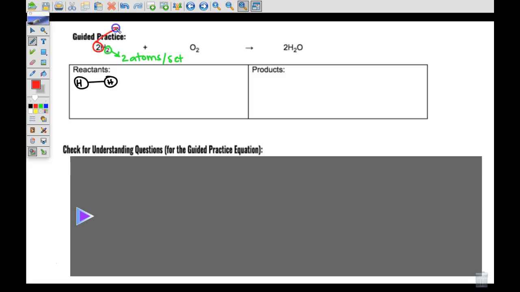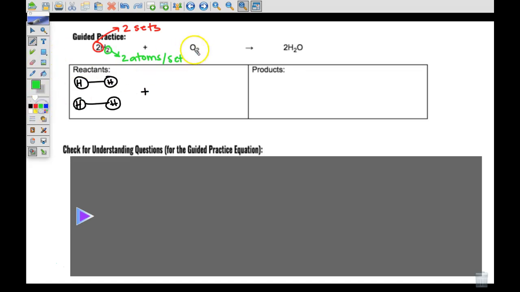But because I have a big 2 in the front, that means I have 2 sets, so I have to draw it one more time. Because I'm done with my 2 sets of 2 hydrogens each, now I can pull down my plus sign.